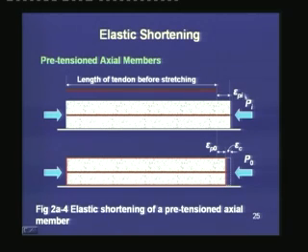This strain is denoted as epsilon Pi. Next, after elastic shortening, the concrete undergoes a strain of epsilon C, and the final strain in the prestressing steel is denoted as epsilon P0, which is calculated from this final length of the concrete member and the original length of the prestressing tendon.